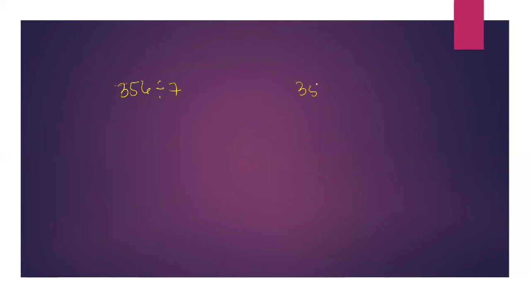So, first, 1 digit by 1 digit muna tayo. So, 3 muna. 3 po ba pwedeng i-divide sa 7? No, kasi mas mababa yung 3. So, therefore, we will add the next digit. Sa above 5. So, 35, pwede na bang i-divide sa 7? Yes. So, pag pwede nang i-divide, let's proceed with division.